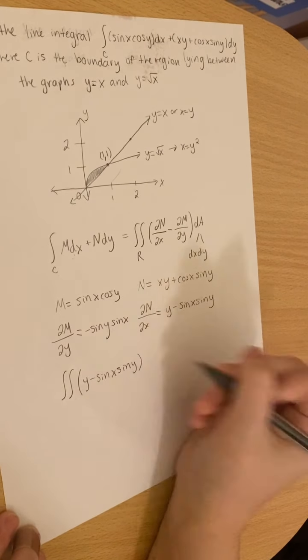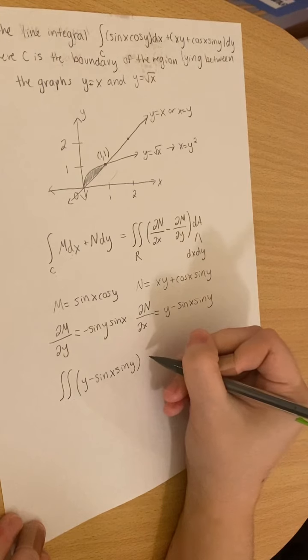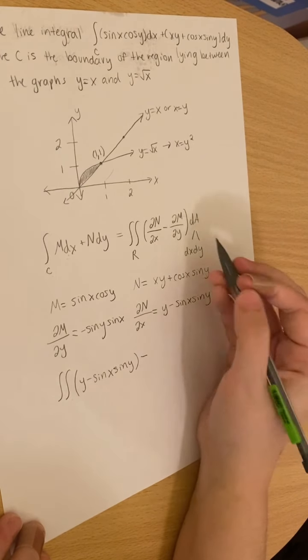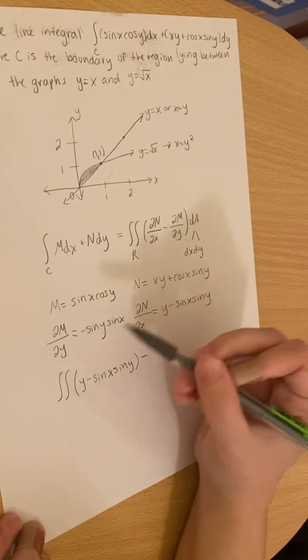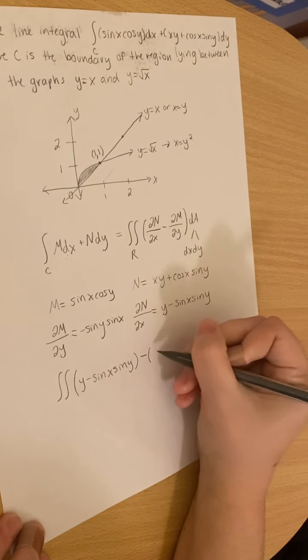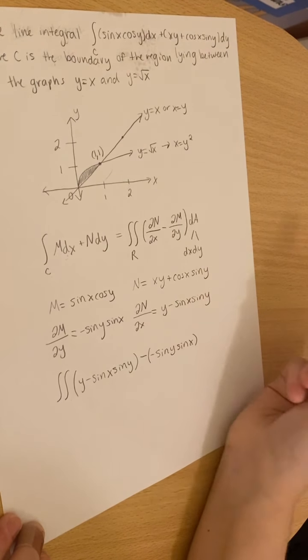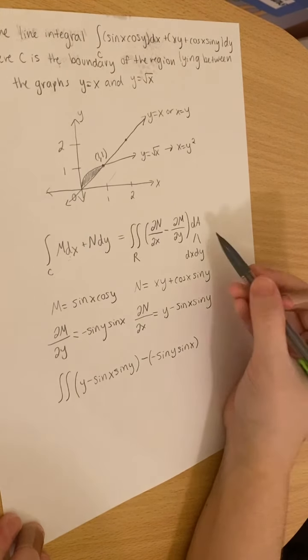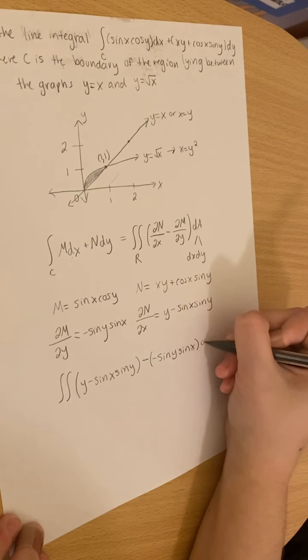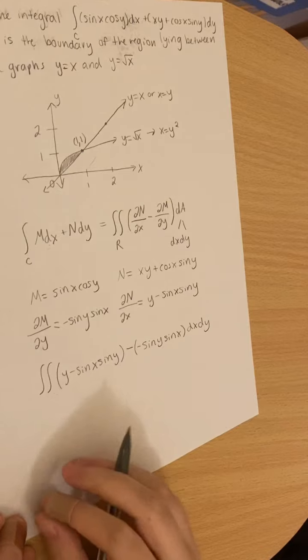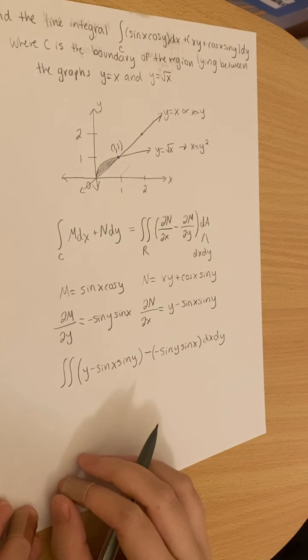I think I'm going to close my parentheses. And then minus, it's not a plus, remember, it's a minus the partial derivative of m with respect to y. So we have negative sine y sine x. All right, and then again, dx dy, so don't forget that. All right, so we have the start of our double integral here. We just have to finish it off.